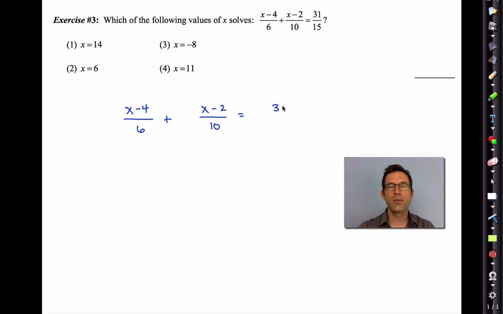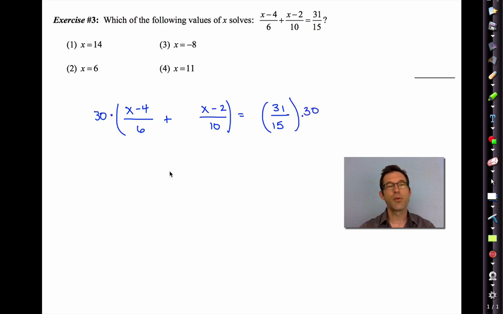Now I can think about least common denominators and all of that, or I can just think about what number would cancel a 6, a 10, and a 15. And there's lots of good choices. 60 would do the job, but the smallest number that will cancel all of them is their least common denominator, and that's 30.